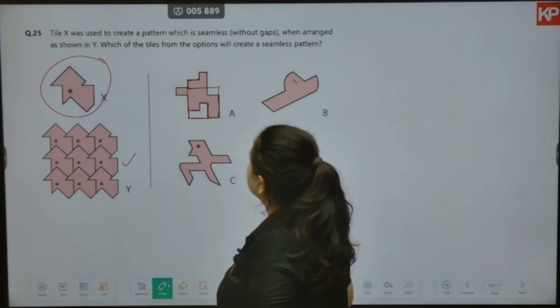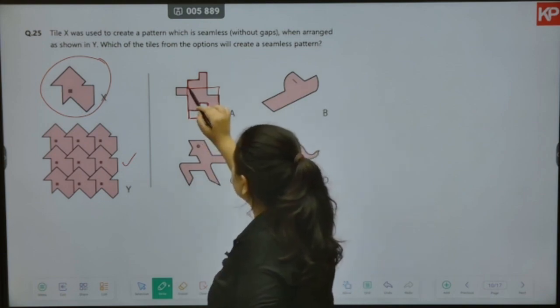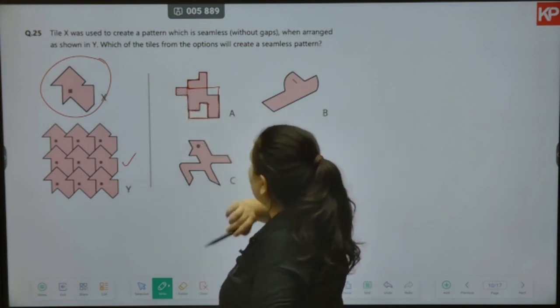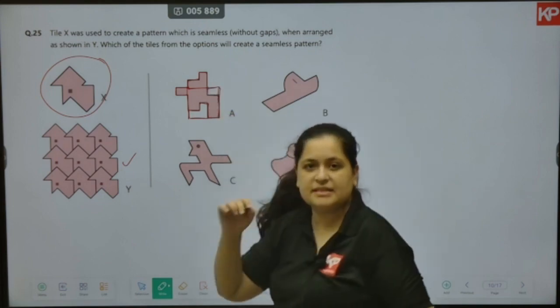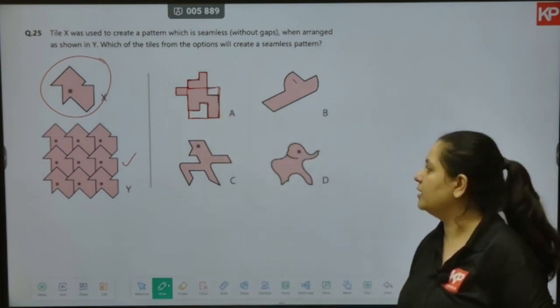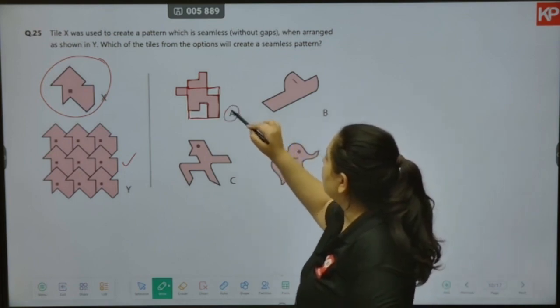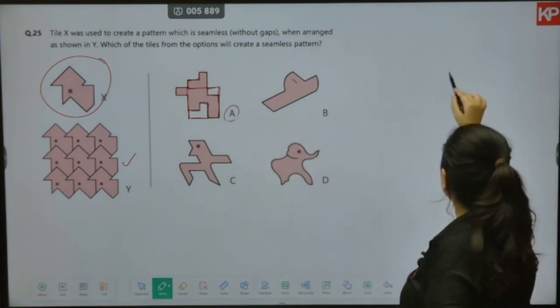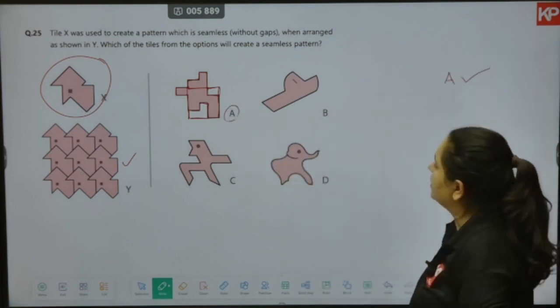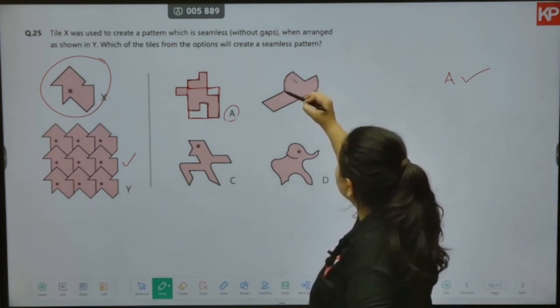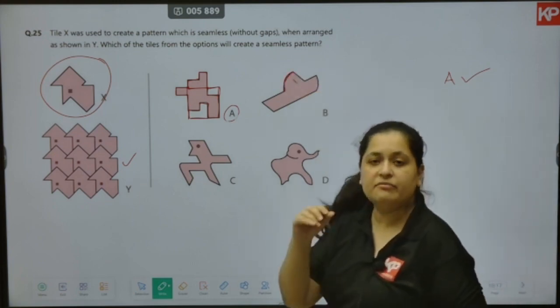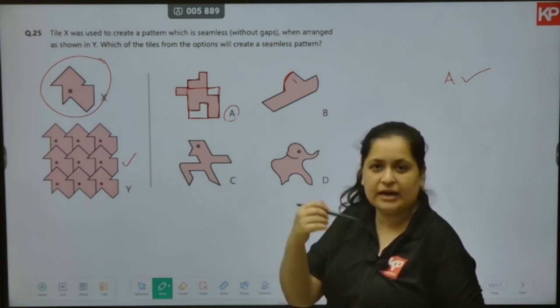Now let's check what's happening with left and right. We are adding something here and the same shape in the same size we are deducting from the right side. So we know that A is going to tessellate. Now what is happening with B? First of all, we have this one curve at the top, but we do not have any such curve at the bottom.